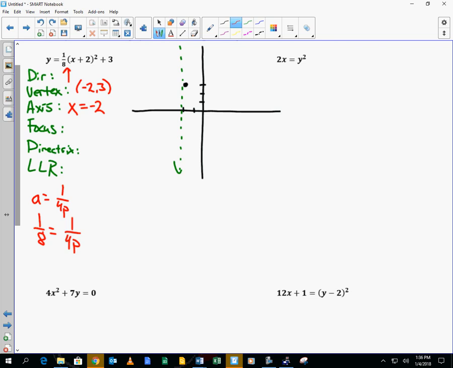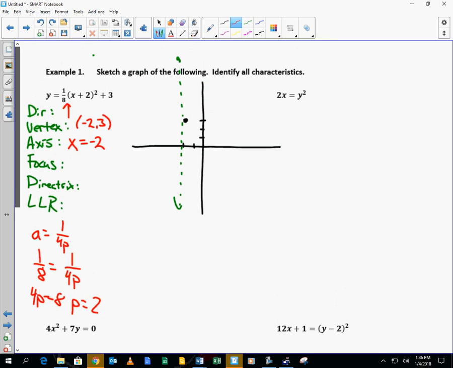Solve by cross multiplication. 4p equals 8. p is dos, Spanish for 2. Okay? So if p is 2, what does that mean? What do I do to locate the focus? I move 2 points towards the inside of the parabola.